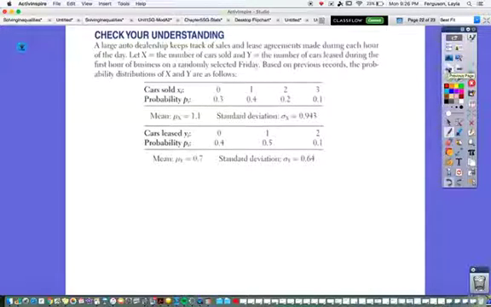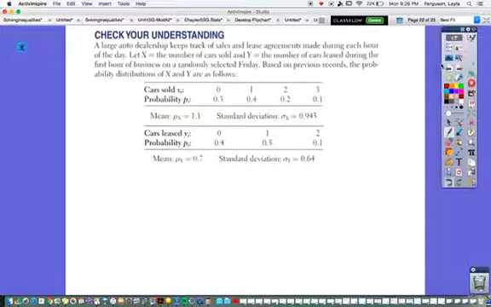Check your understanding. So going back to the example that we talked about with the cars sold and the cars leased, and it gives us that information there. It doesn't say what you need to do for this one on the slide. I'm hoping that it does in your notes.